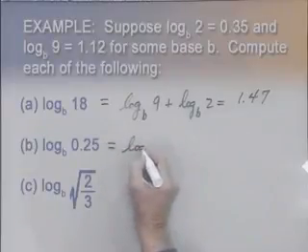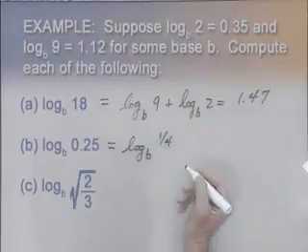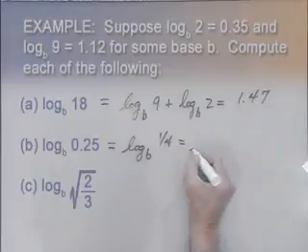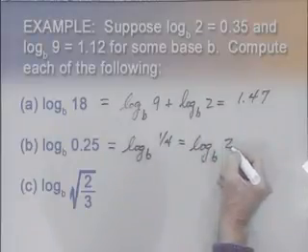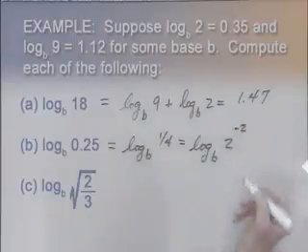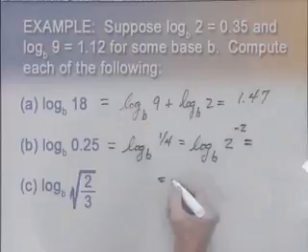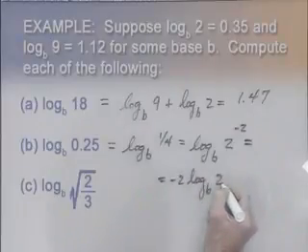I'm thinking this is the log base b of 1/4, because 0.25 is a fourth. And 1/4 is the log base b of 2 to the negative 2 power. And that's going to be negative 2 log base b of 2.